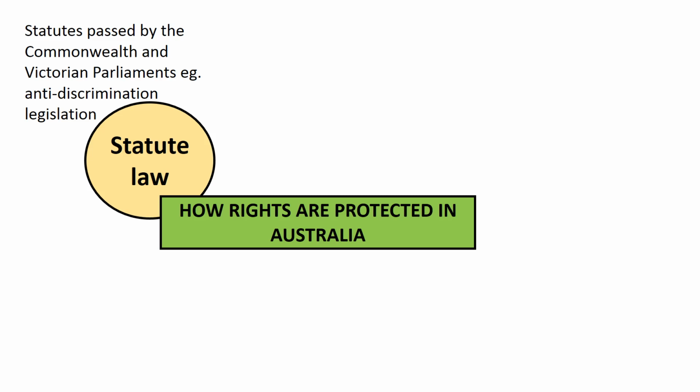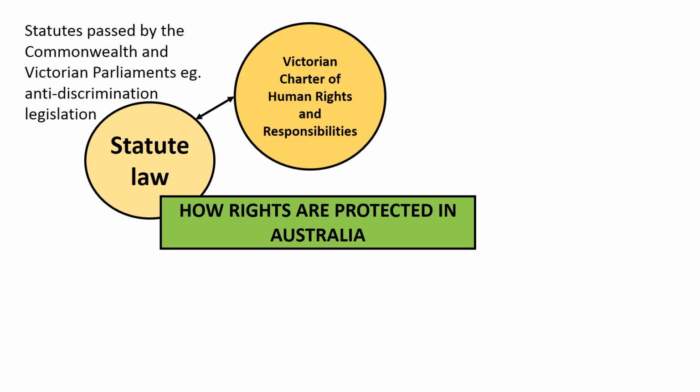Put another way, these statutes give us rights not to be discriminated against on the basis of gender, sexual orientation, religious beliefs and race. Also, in Victoria, we have the Victorian Charter of Human Rights and Responsibilities, which sets out some of the rights that people in Victoria enjoy.